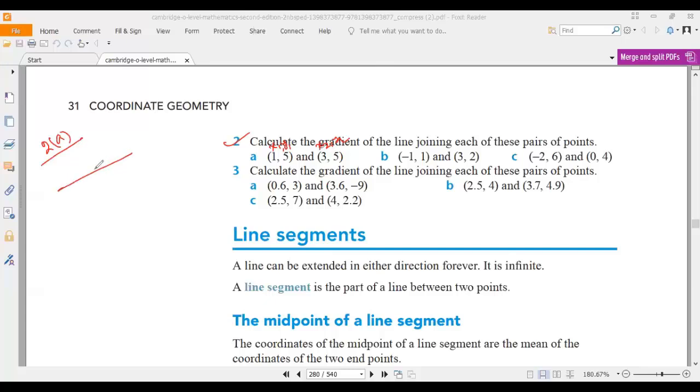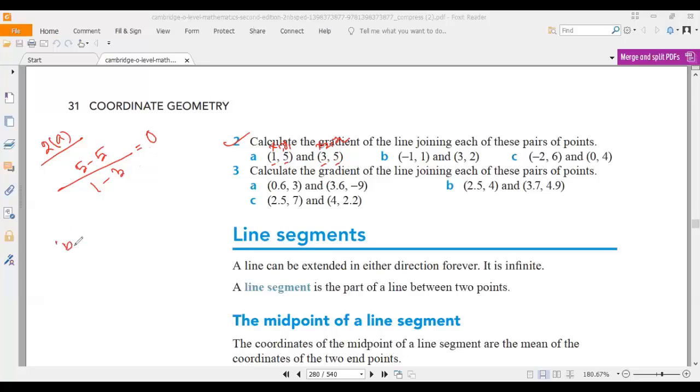Gradient says y1 minus y2 by x1 minus x2. Here y1, y2, 5 minus 5, x1, 1, x2, 3, 1 minus 3. So 5 minus 5 will be 0, 1 minus 3 will be minus 2. So 0 by some number will be 0. That means 0 by minus 2 is 0.